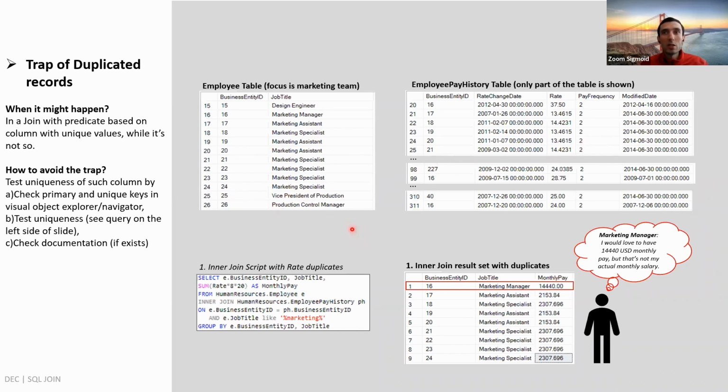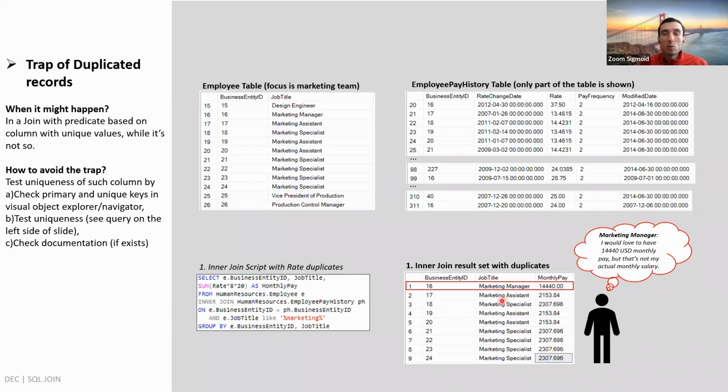So what our marketing manager wants to see is the monthly pay for each of these job titles, in order to calculate maybe the total amount, or just to see what the budget for the marketing department is.